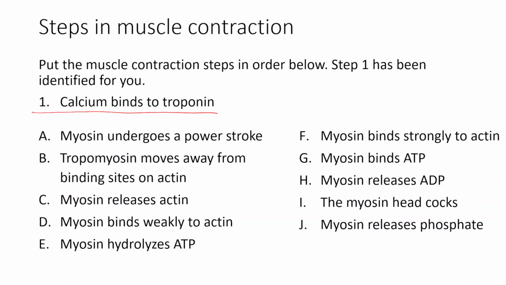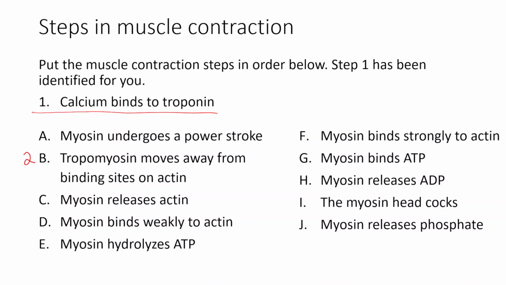All right, so let's start talking about these steps in muscle contraction. So who knows where we start after calcium binds to troponin? I think the first one is fairly obvious. Yeah, exactly. So I'm going to label this step 2 because we started with step 1.